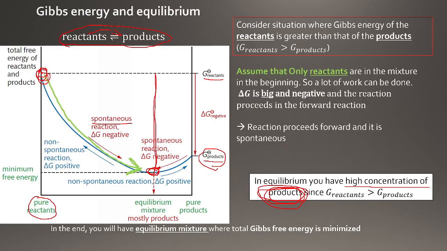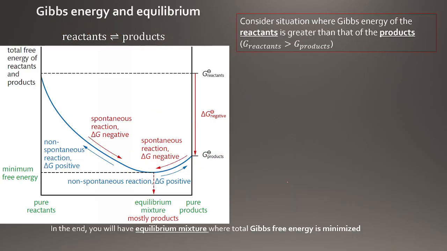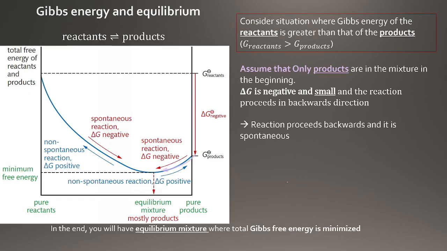Let's see the same case, where the Gibbs energy of the reactants is greater than the Gibbs energy of the products. But now let's assume that we have only products in the beginning. Again, the Gibbs energy is greater than what it could be. We have only products, so the reverse reaction will start happening more quickly for a moment.